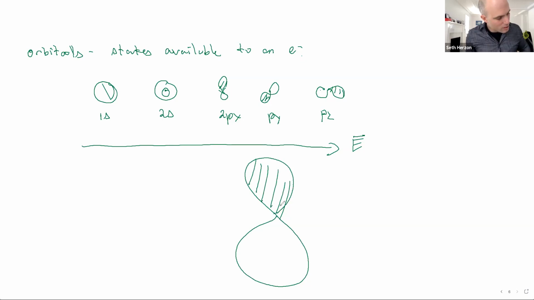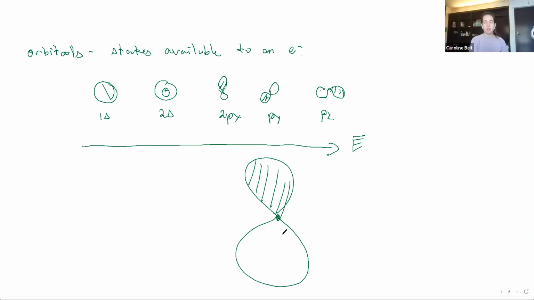If you have a 2p orbital, and my electron wants to get to the other side, the sign of the wave function has to change, and in doing that, you wind up with this spot of zero probability.